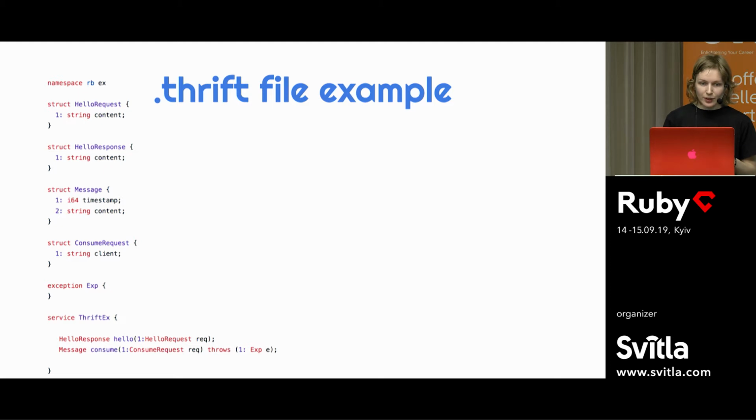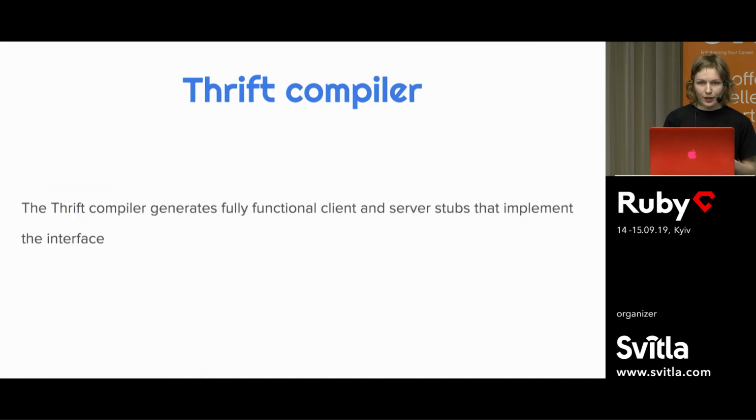Also at the bottom of the file there are service definitions, and it's super similar to the Proto file. Thrift also comes with a compiler which generates fully functional client and server stubs that implement the interface described in the Thrift file.